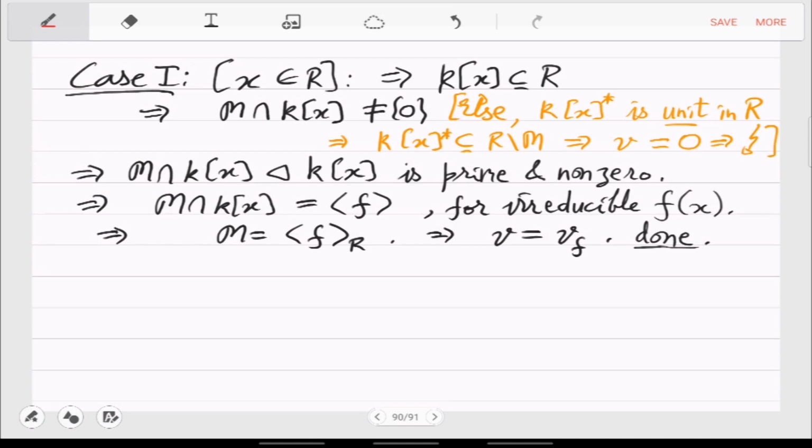What is changing is that here it is K[x], and that changes here to R. But the generator is the same. Also, you are assuming the fact that M anyway was principal. Obviously from this you cannot show that M is principal. That was given to you.